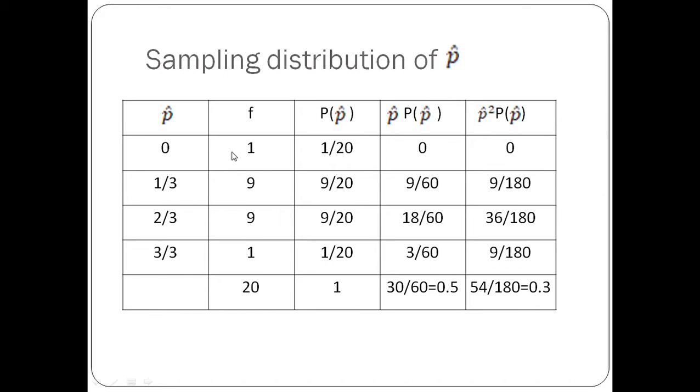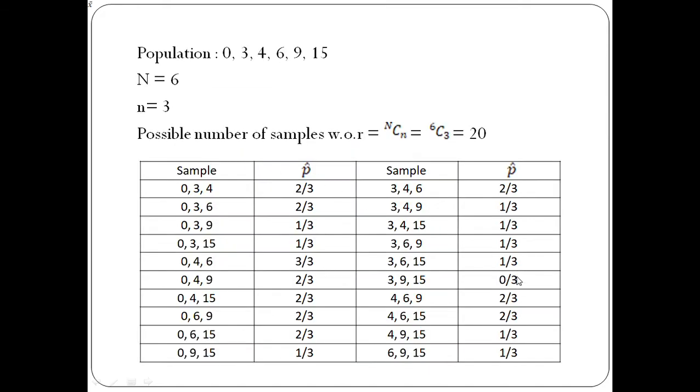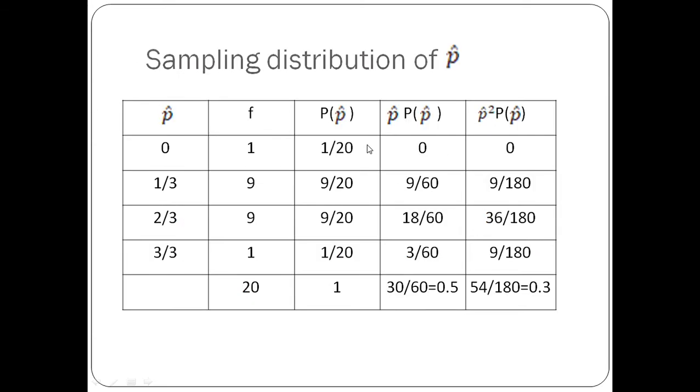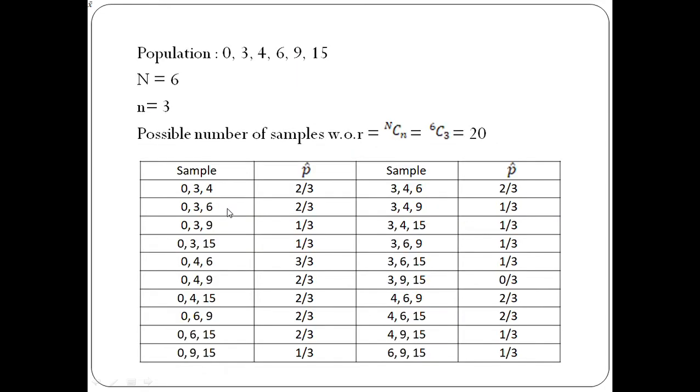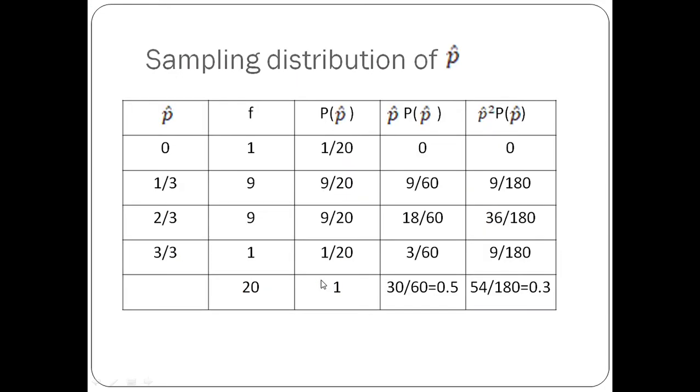So 0 by 3, or 0, occurs just once. Here you can see 0 occurs just once, so I have written 1. Then 1 by 3 occurs 9 times, 2 by 3 occurs 9 times, and 3 by 3 occurs only one time.